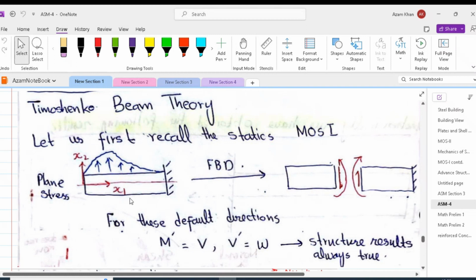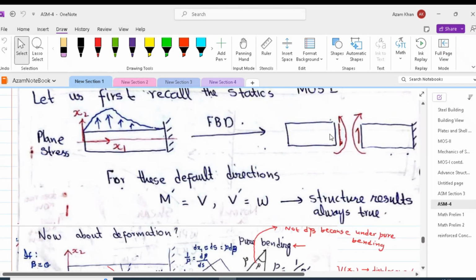Thus, we will try to derive the concepts we just discussed, such as the shear, moment and applied load relations, Euler-Bernoulli beam theory, and deflections in elementary beams with respect to x1 and x2. So in the case of this cantilever, we can write the internal forces, shear and moment. This direction of shear and moment is considered positive in our elementary mechanics.